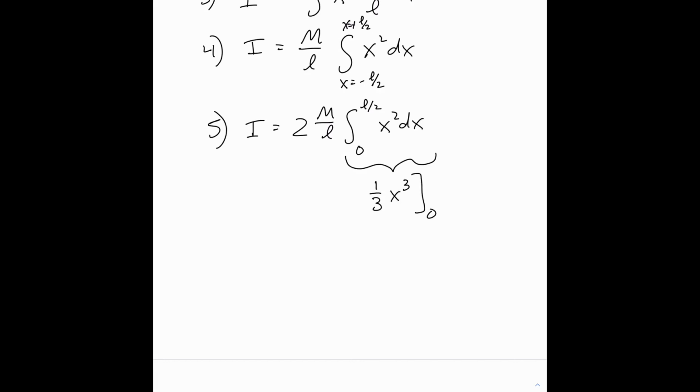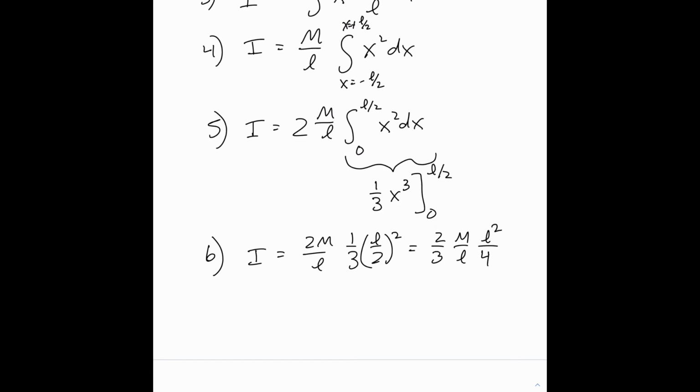And we're evaluating that from 0 to L over 2. So in our next step, we get the rotational inertia is 2m over L times 1/3 L over 2 squared, which gives us 2/3 m over L times L squared over 4.